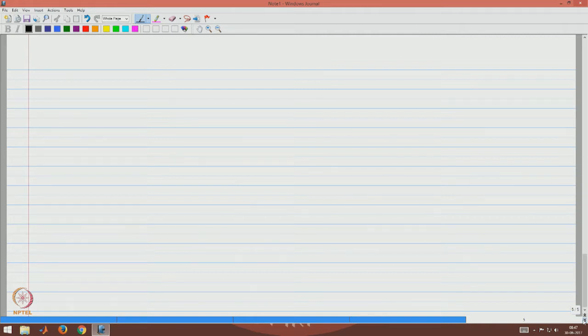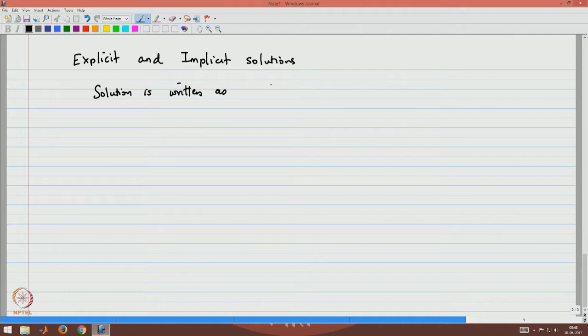Now, the next thing that I want to talk about is explicit and implicit solutions. Suppose the solution is written as y is equal to some function of x. This is called an explicit solution.